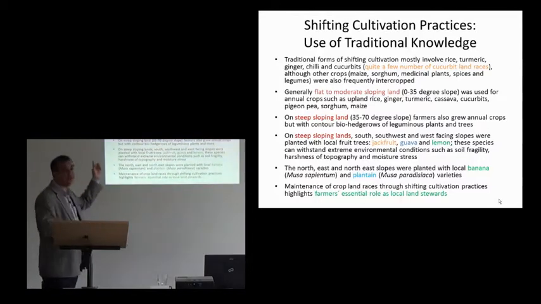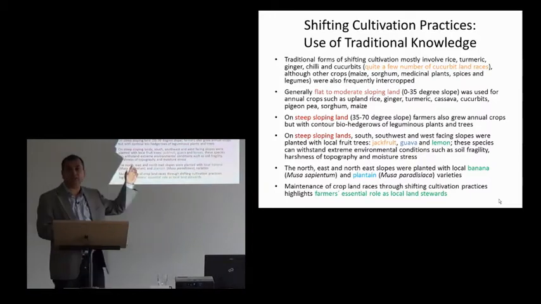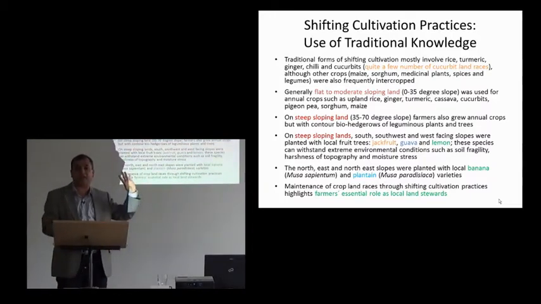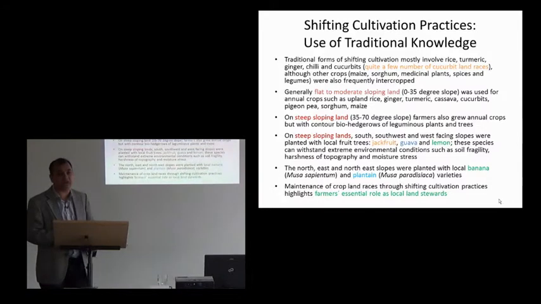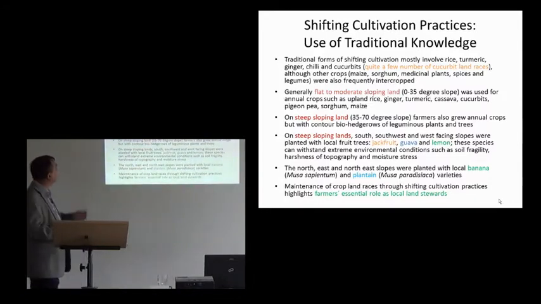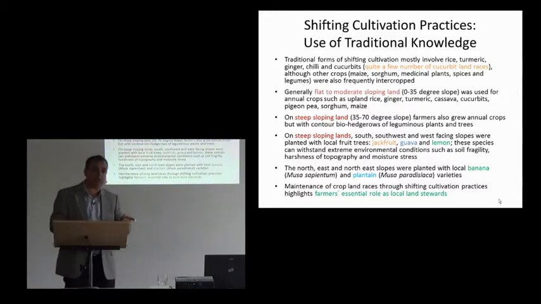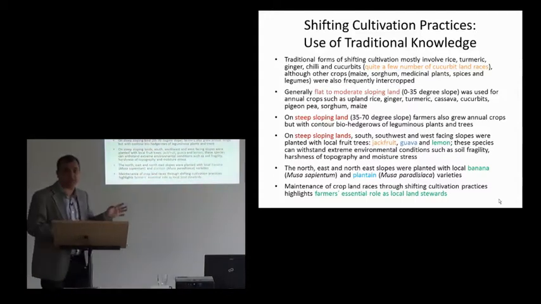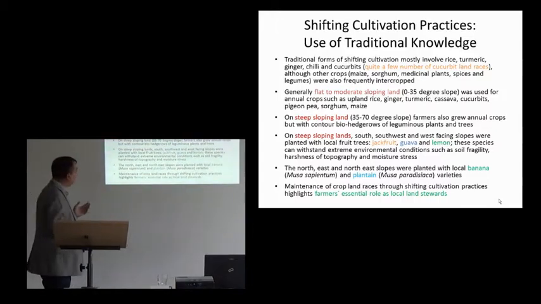And they have different techniques. In different sloping areas they grow different kinds of crops. In the flat to moderate sloping land, they grow rice, ginger, turmeric, cucurbits, etc. And on steep sloping land, they can still grow annual crops, but they have to do something together.